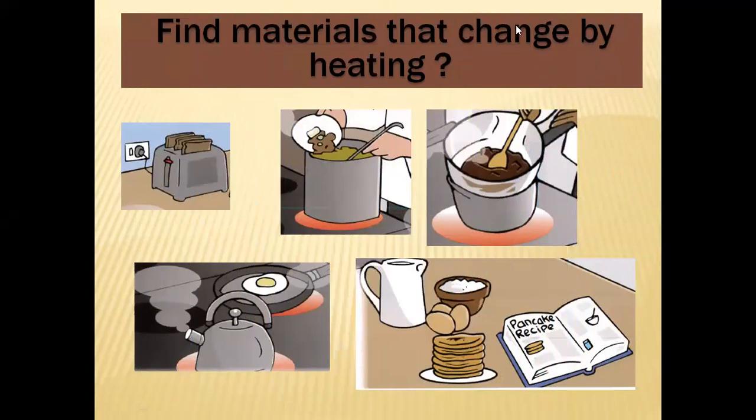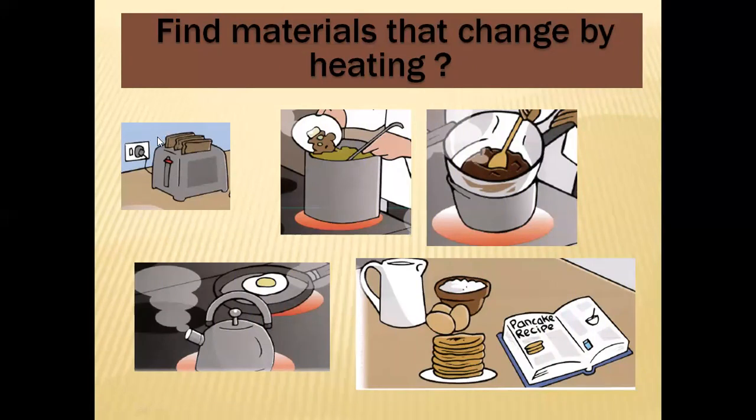Find materials that change by heating. When you see your books, boys, there are lots of things in your kitchen that can easily be changed with the help of heating. You can see the first picture. There is a toaster and a toast inside it. The bread, you people say. When we put the bread in the toaster, what happens?